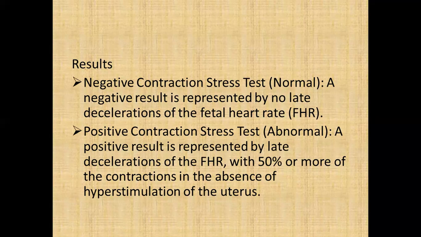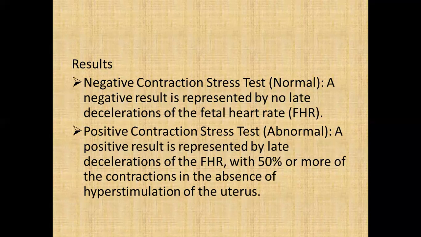Remember, a contraction stress test is done after a non-stress test. If the woman failed a non-stress test, you do a contraction stress test. And with the contraction stress test, you are also looking for a normal and an abnormal. A normal is that during the stimulated contractions, there was no late deceleration, that is, no drop in the fetal heart rate during contractions.